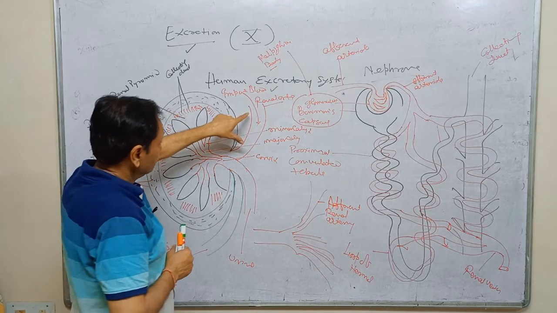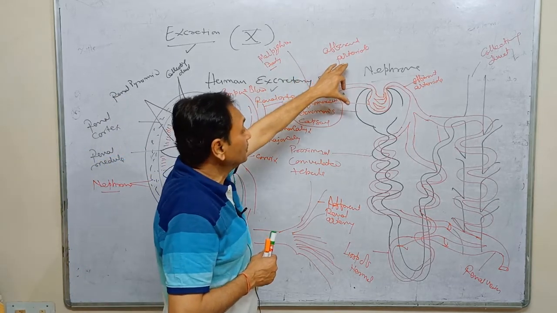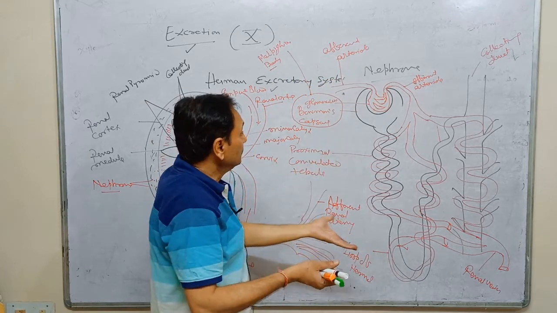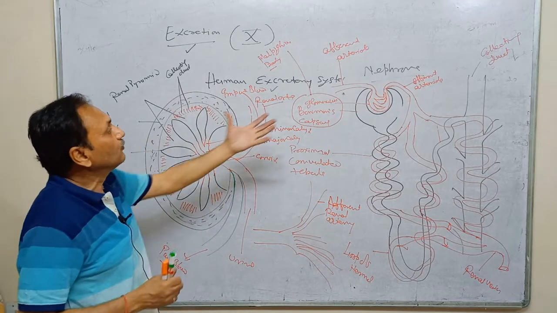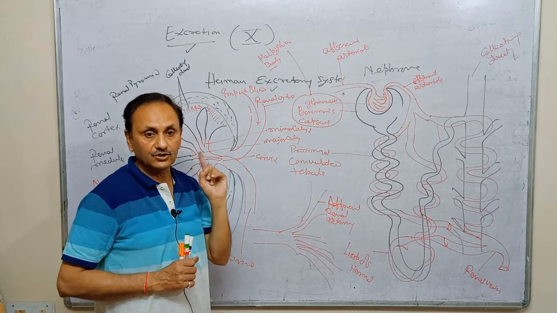Renal artery is divided into efferent arterioles, and one is divided into millions because in this particular cortex zone, millions of nephrons are present, and each and every nephron needs one efferent arteriole.